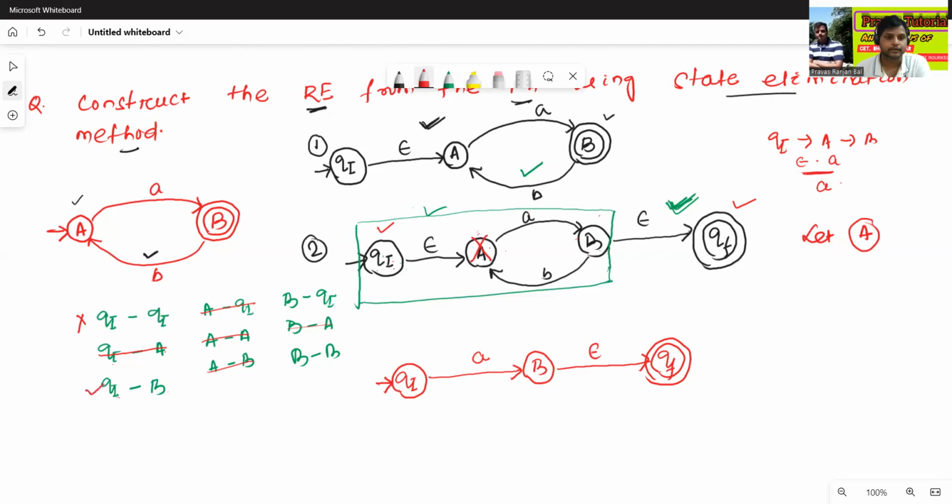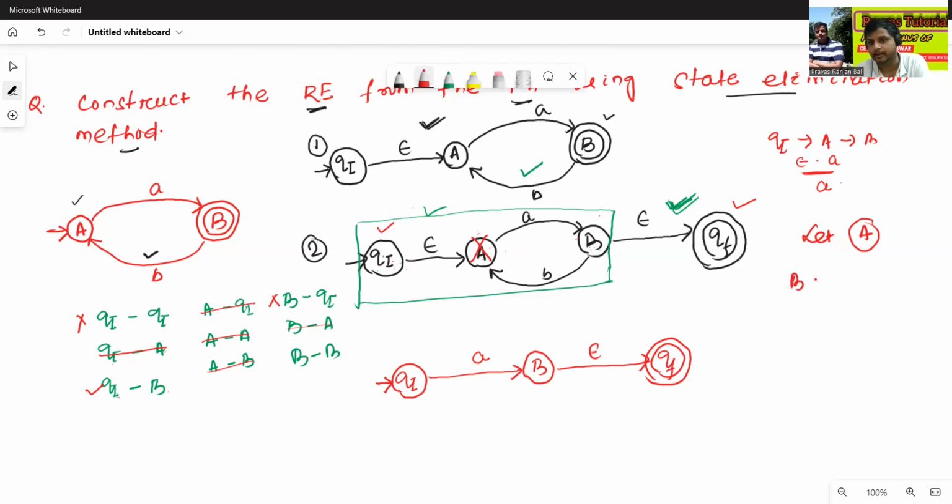So here there is no path from B to Qi. In the previous case, B to Qi, is there any path? No, there is no path. Just simply remove it. B to B, is there any path? In the previous case, yes, one path is there.